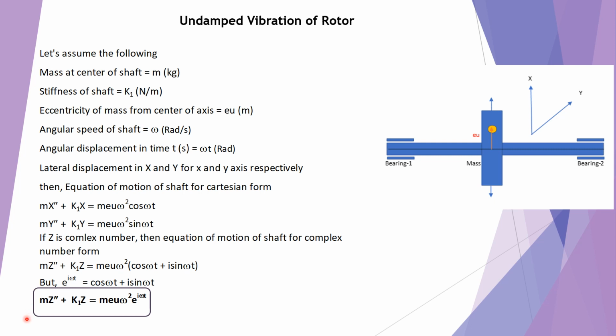Then we can write m into z double differentiation plus k1 into z is equal to m into eu into omega square into e to the power i omega t. So this is the expression for motion of undamped vibration of rotor.